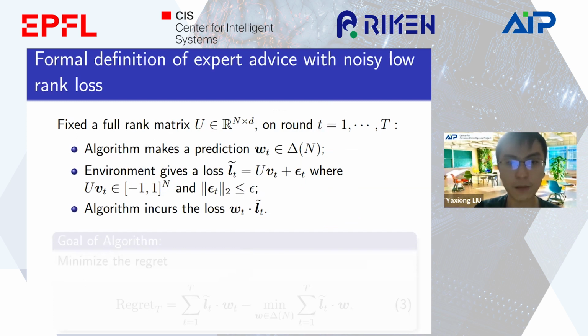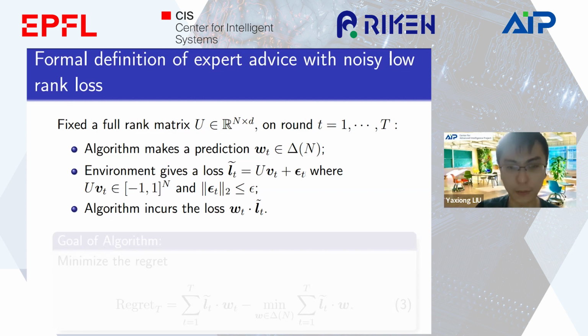Fix a full rank matrix U. In each round, the algorithm first makes the prediction w_t, and then the environment gives the loss vector l_t. It is composed of two parts: the low rank part U times v_t and epsilon_t as the noisy part.